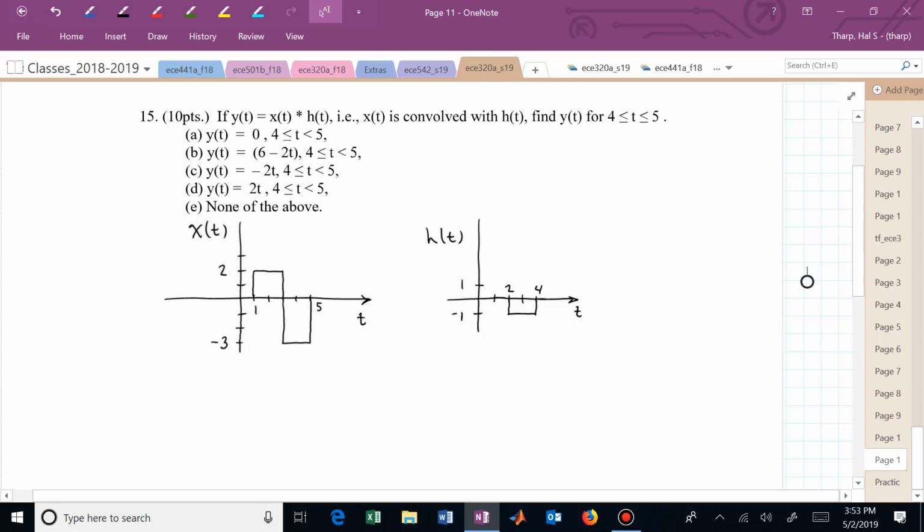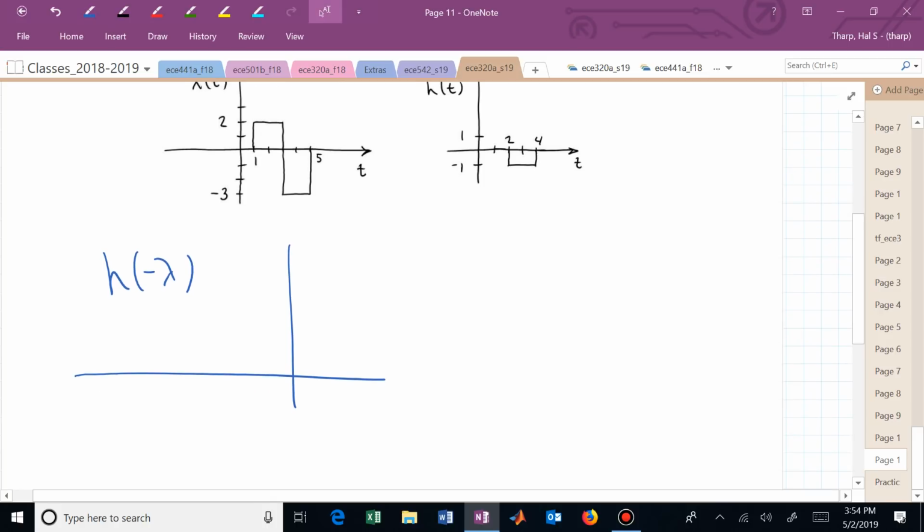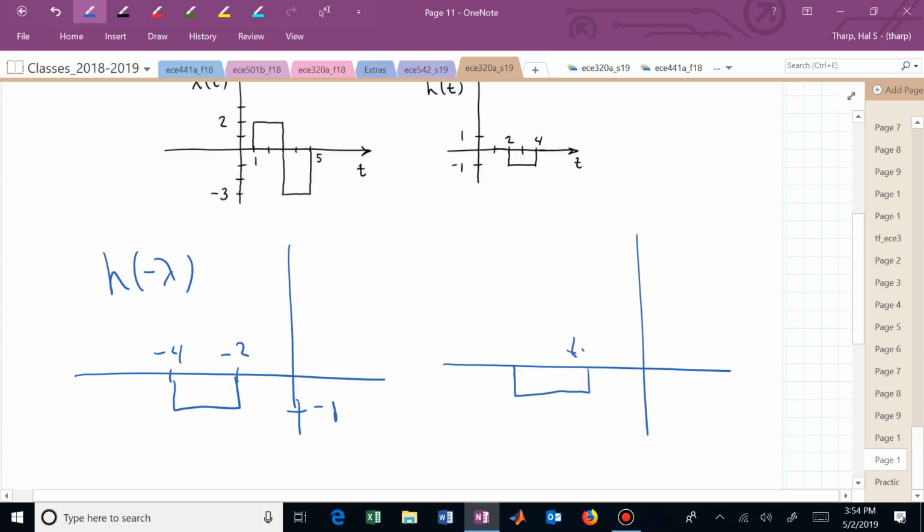But if we now flip and slide h, first thing we would probably do is flip it. So now we are at -2 and -4. And if we slide it, there's h of t minus lambda.